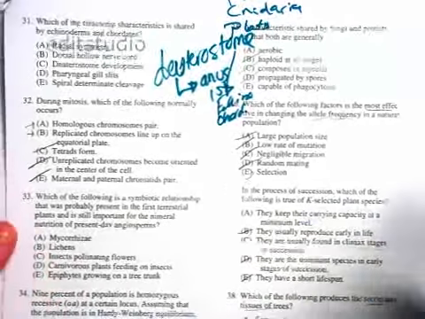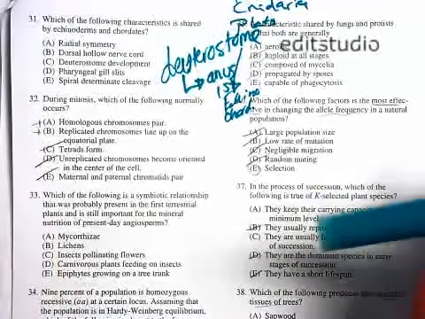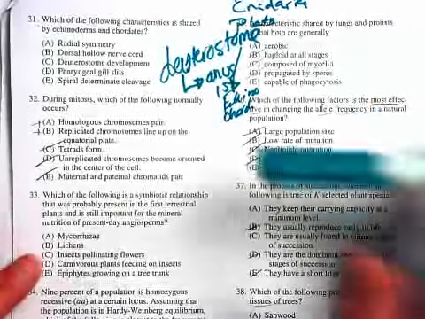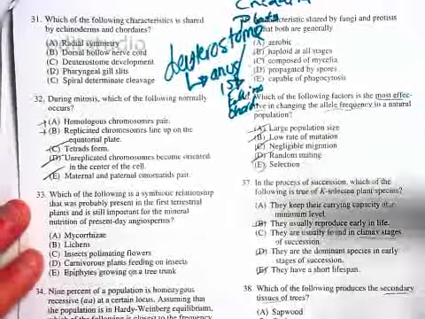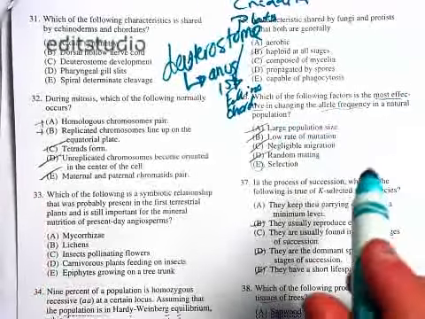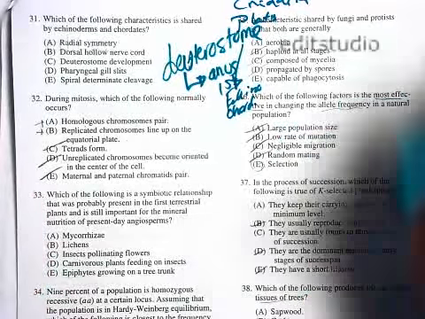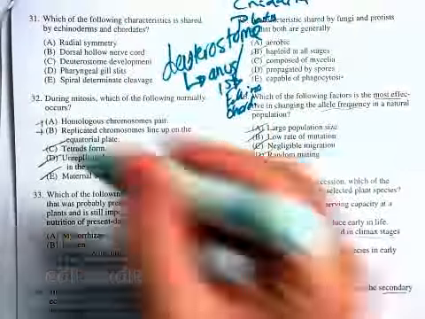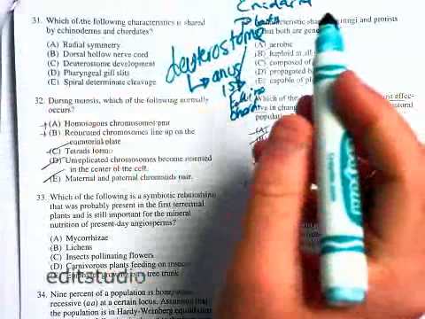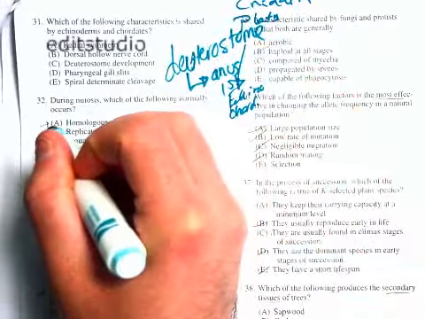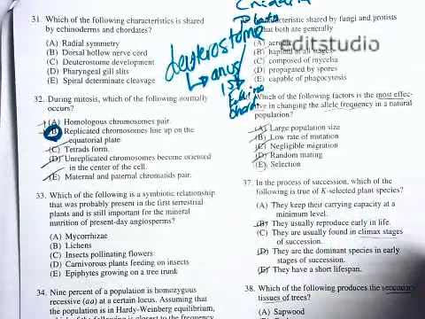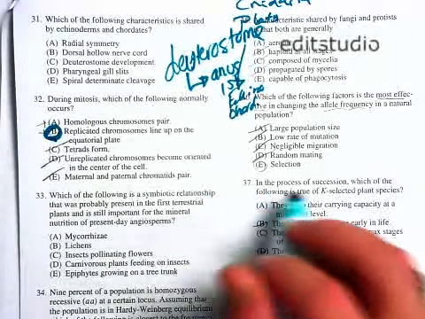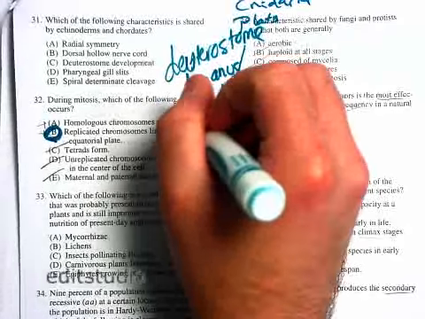Cool. What's next? During mitosis, which of the following normally occurs? This individual had it down to A or B. I think the answer though is going to have to be B. The reason I say that is because what is A really kind of pointing to? Specifically, what part of meiosis?